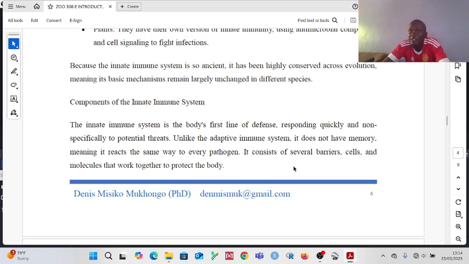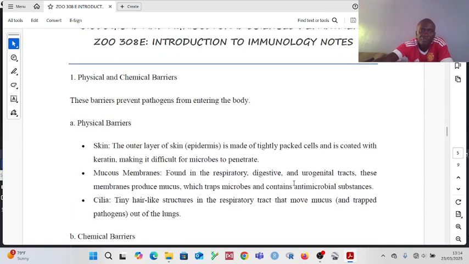Okay, so it consists of several barriers, cells and other molecules, which all work together to protect the body. So these components include physical and chemical barriers. That's the first component. These two barriers prevent the pathogens from entering the body. A barrier, kazi yake, is to prevent passage.